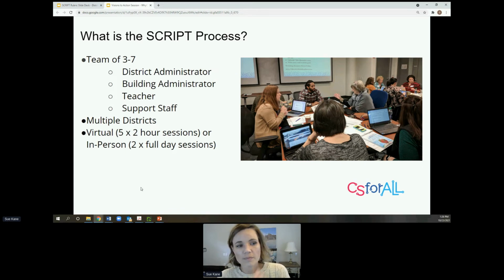Your teacher does not have to be a CS teacher. It can be the person who's going to be teaching CS first, but ideally, when we're doing implementation that's district-wide and it's equitable CS education, it could be an elementary teacher that is comprehensive. It could be a specials teacher, but a teacher.